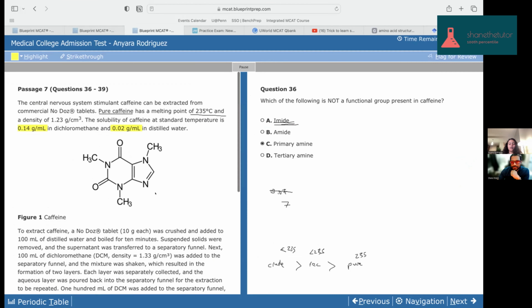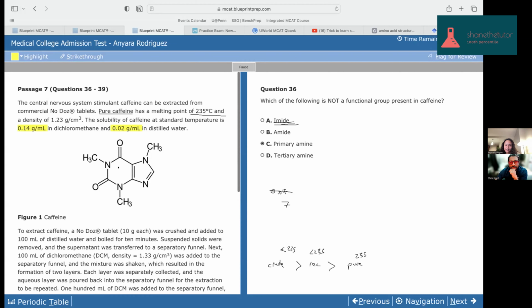When I went over this, I knew what an amide is, like B. And I think I went through a process of elimination for C and D. That's how I arrived at C. If I remember correctly, the imide is sort of like the carbonyl, but with the nitrogen is what I'm thinking.